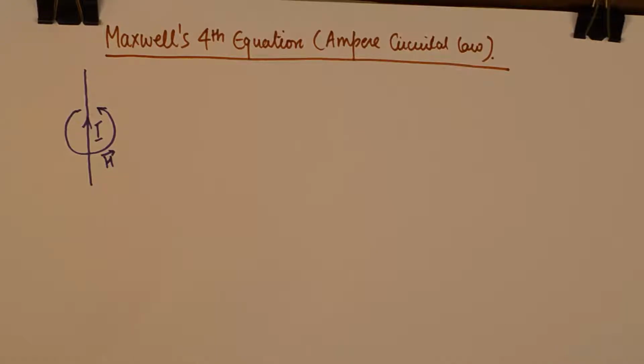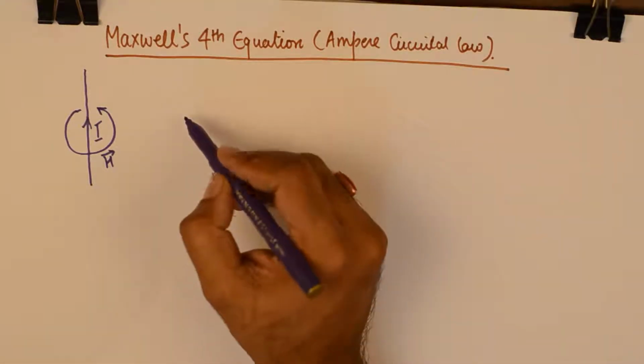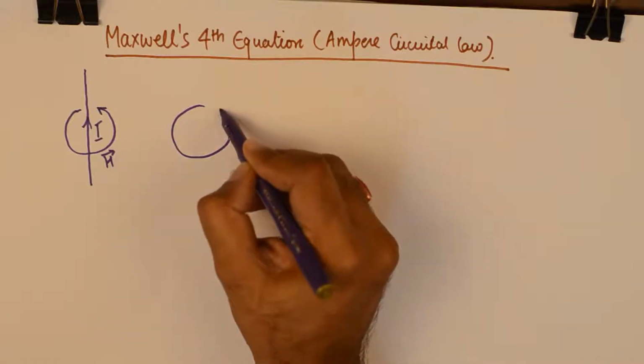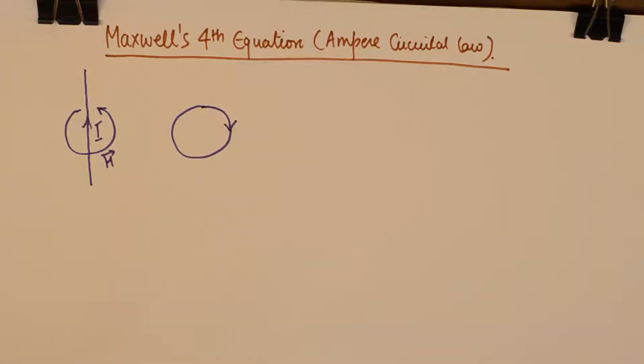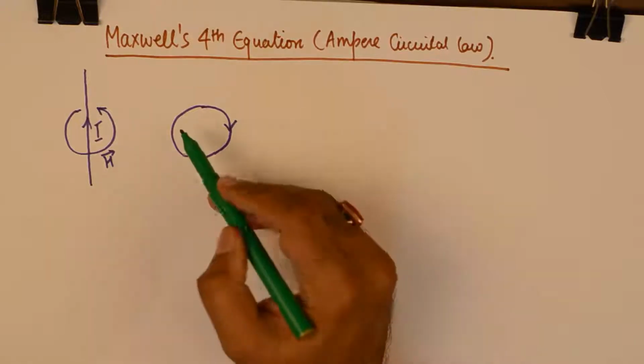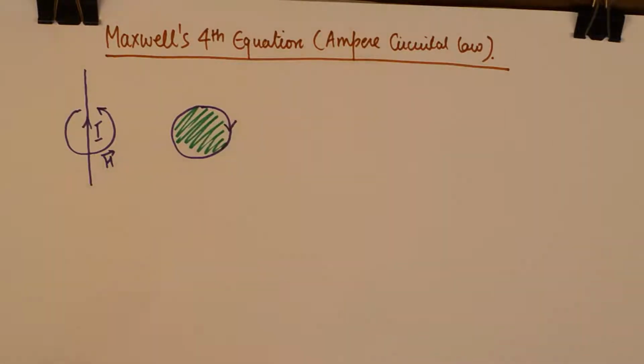And the contrary of that law is Ampere's Circuital law. Ampere's Circuital law assumes that if by chance you have H curling around in free space or in any medium, then this would cause some amount of current to flow within the surface of the curling of H if a conductor was placed within this area.